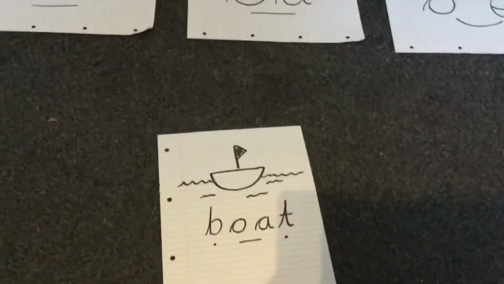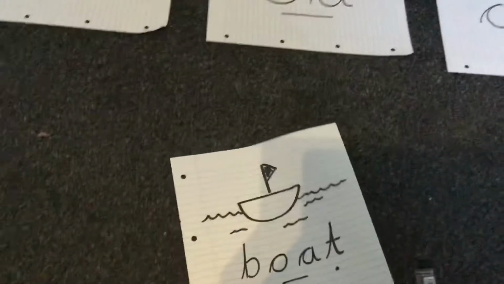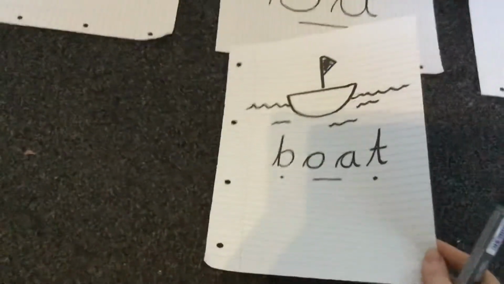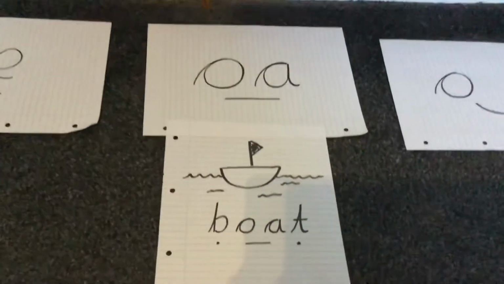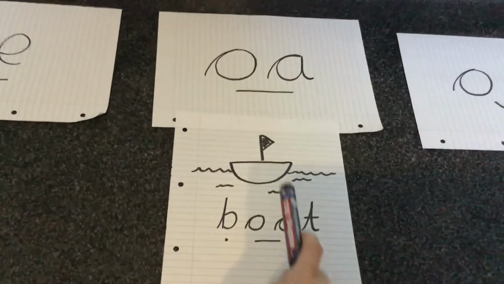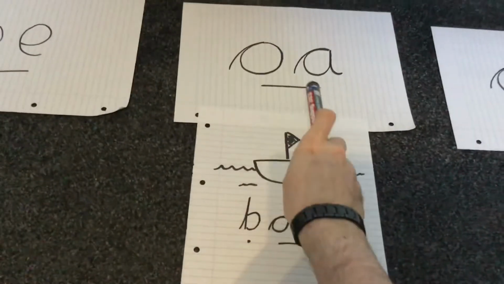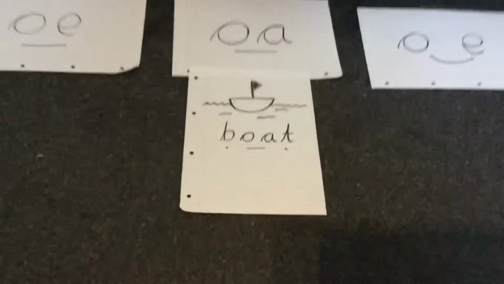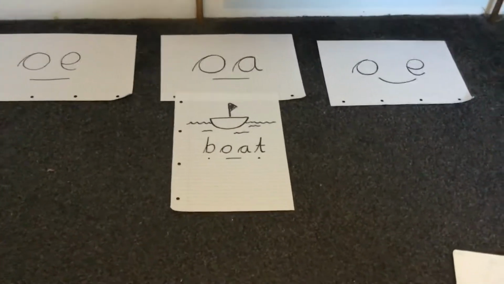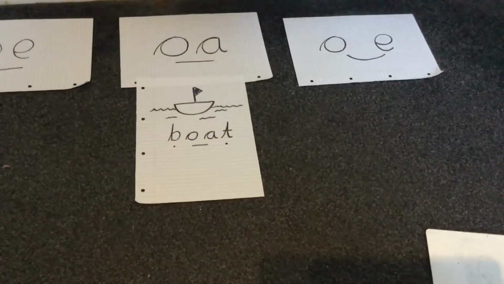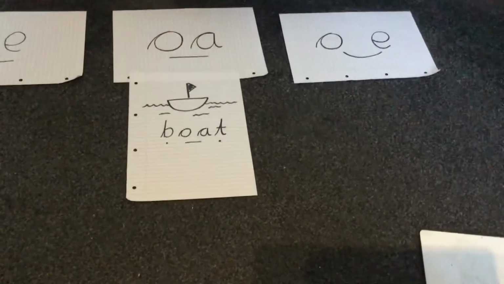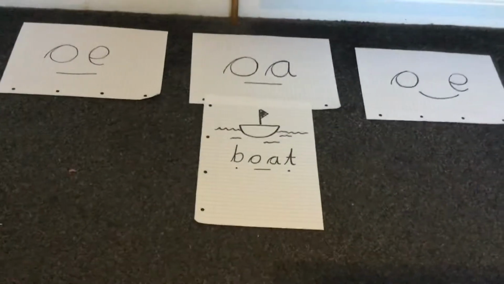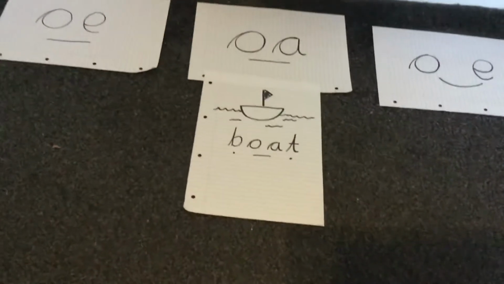That's right, I think it belongs here with our o, a, because we can see they have the same digraph used in both of them. So we can tell it's our o, a, o digraph. Well done.